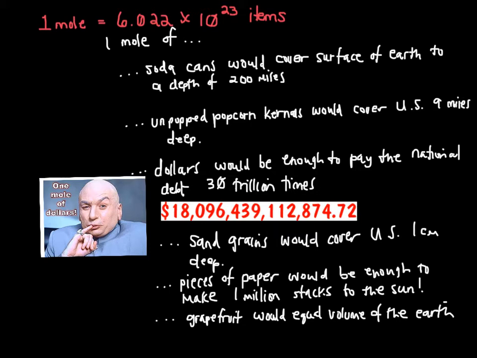If you had a mole of dollars, that would be enough to pay the national debt 30 trillion times. If you had a mole of sand grains, it would cover the United States 1 centimeter deep. If you had a mole of paper, you could stack it to the sun 1,000,000 times. And if you had a mole of grapefruit, it would roughly equal the volume of the earth.